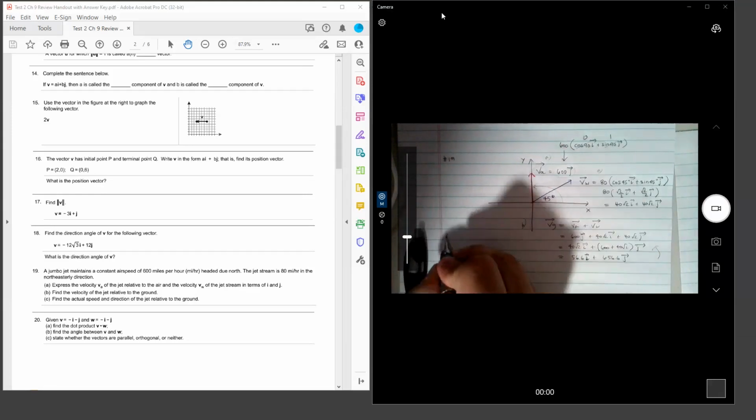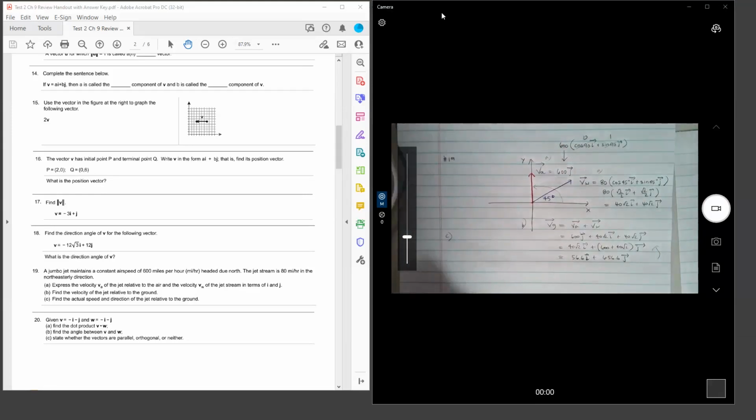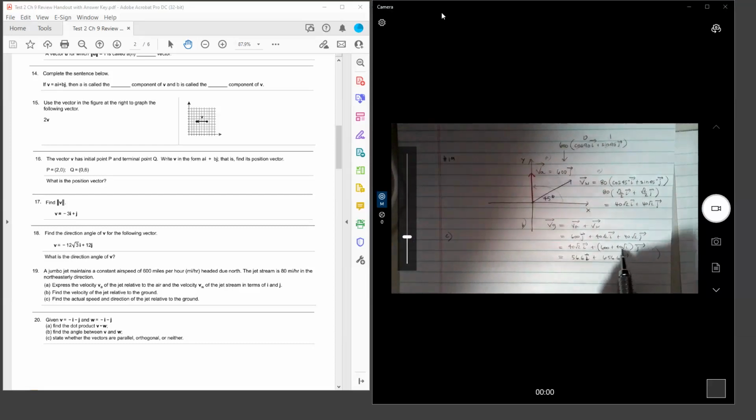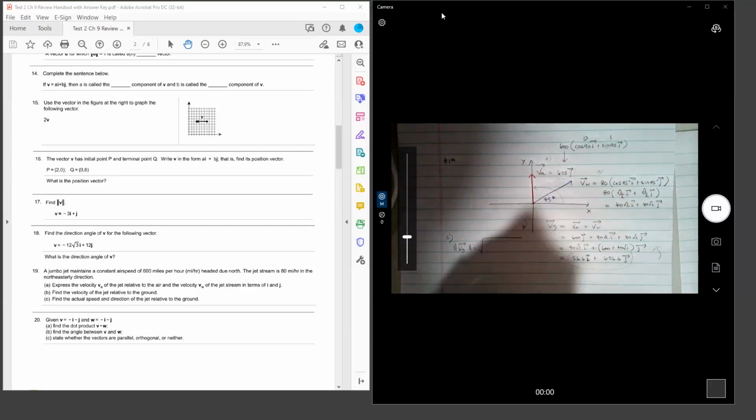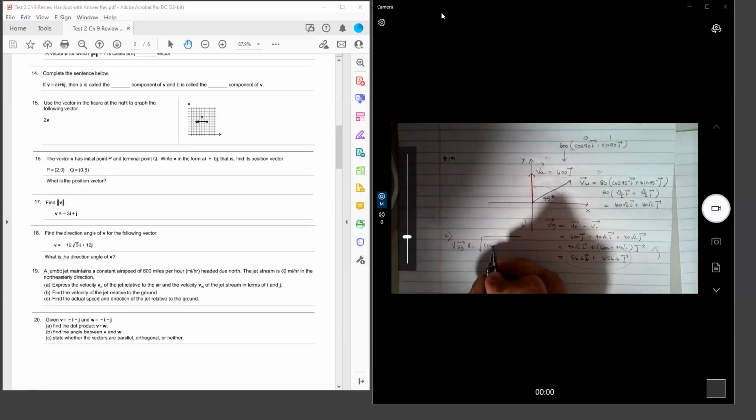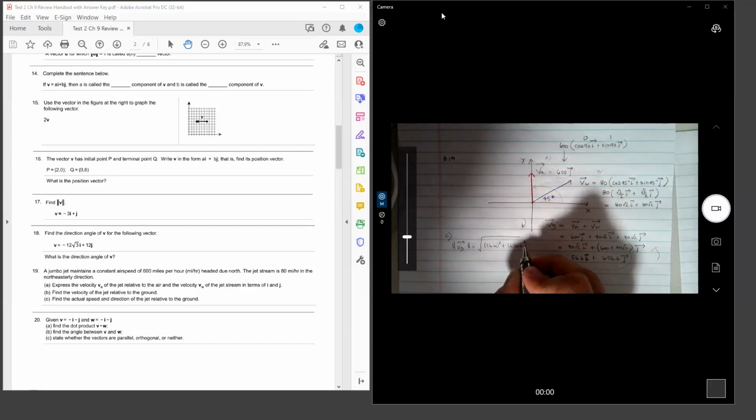So part C is what's the actual speed. So let's find the magnitude of this vector. That will be 56.6 quantity squared plus 656.6 quantity squared.